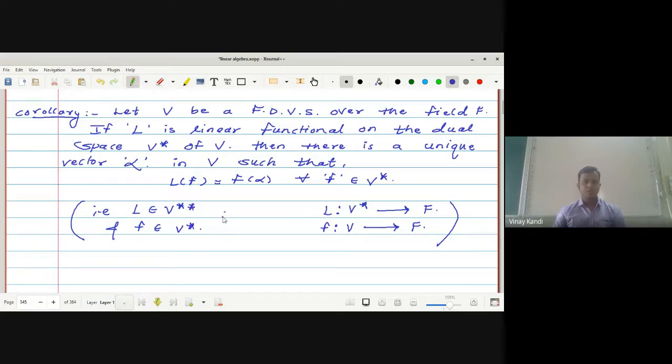L belongs to V double star means L is a linear function on V star to F, and f belongs to V star means f is a linear functional on V to F, which is linear.